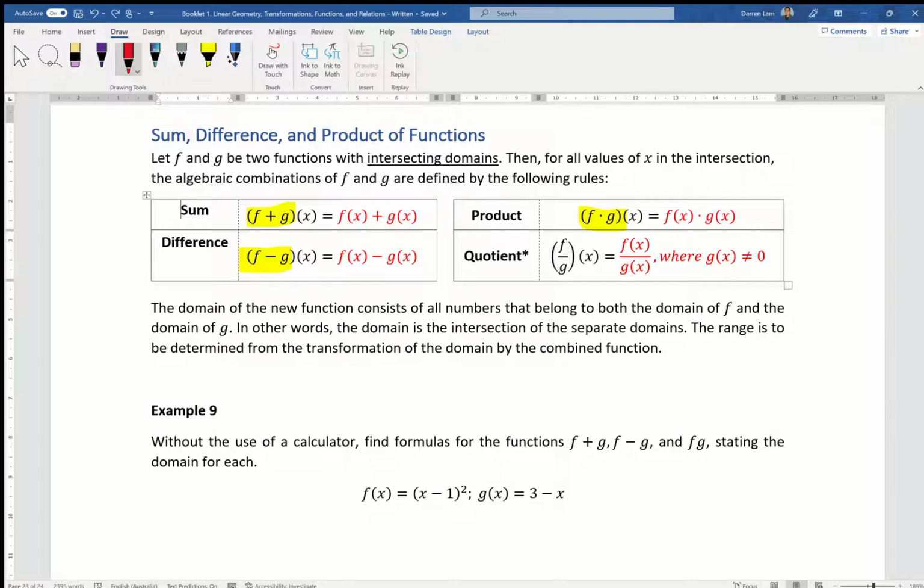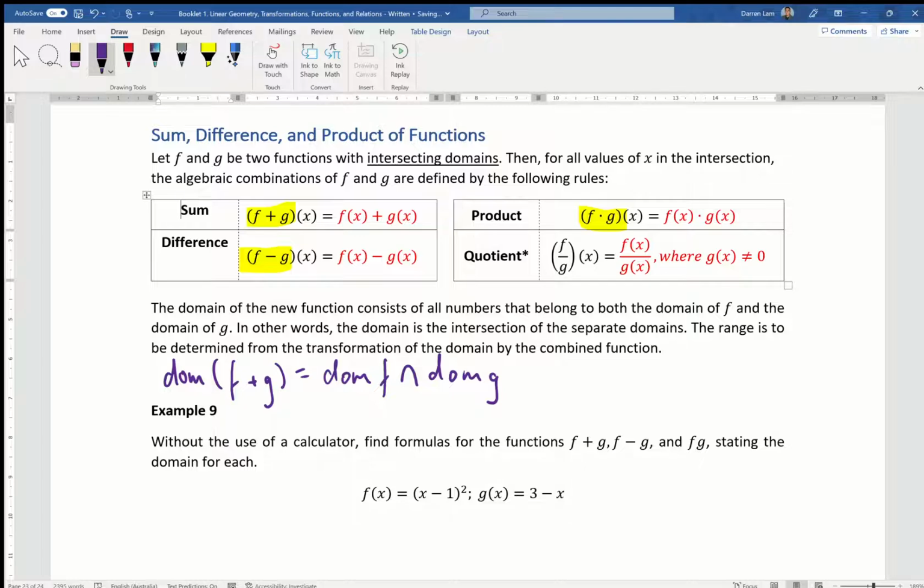Now, in this paragraph, essentially what it's saying is this: the domain of f plus g equals the domain of f intersecting with the domain of g. That's not new notation, is it? No? Okay. So the domain of our sum function, or our difference function, is where they are intersecting.